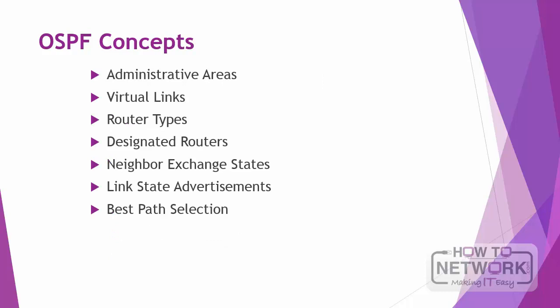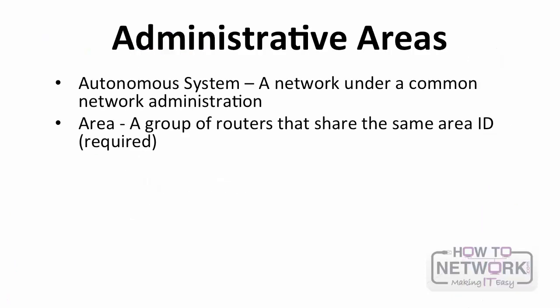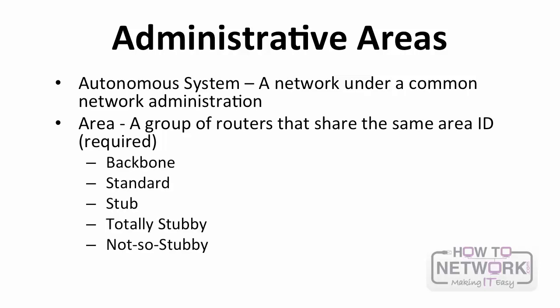We're going to go through these one by one to the level of detail you need to know for the CCDA exam, and we're going to begin with administrative areas. An autonomous system is broken out into areas. Areas are groups of routers that share the same area ID, and these different groupings have different functions, and they know different types of information.